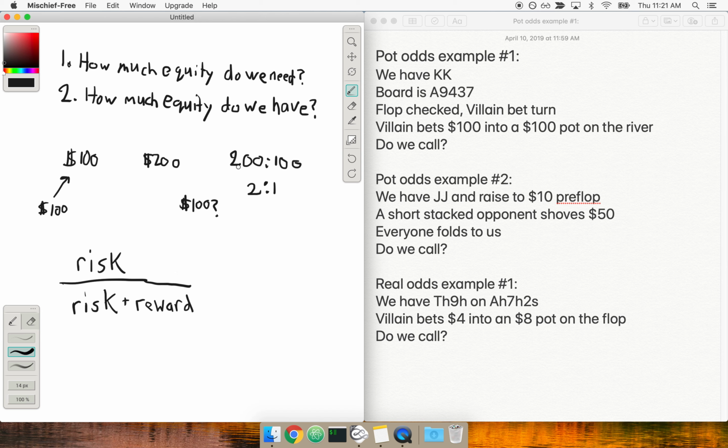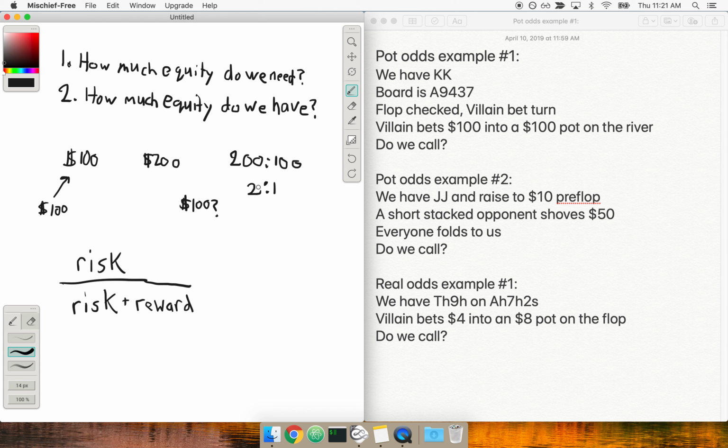When we're deciding whether or not to call 100, we would be risking 100 in order to win 200. So this is what we need to risk, and the reward, if we win the pot, would be this 200. We can plug that in here.